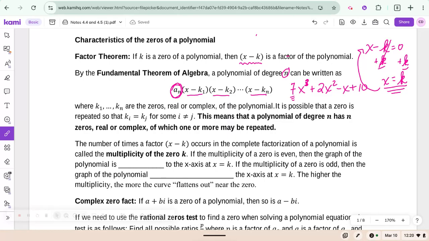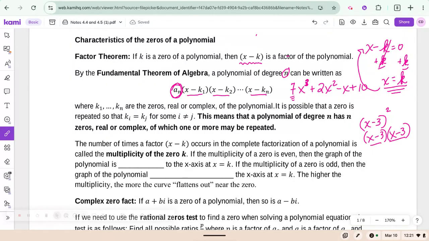Okay, this means that a polynomial of degree n has n zeros, real or complex, of which one or more may be repeated. In other words, you may have the same factor twice. For example, if I factored something and I wrote x minus 3 squared, well, that means x minus 3 is a factor twice.